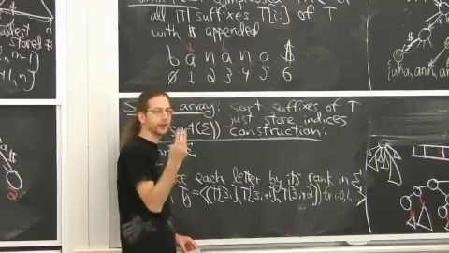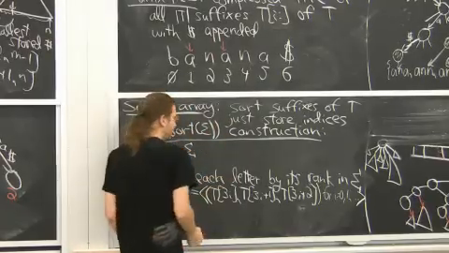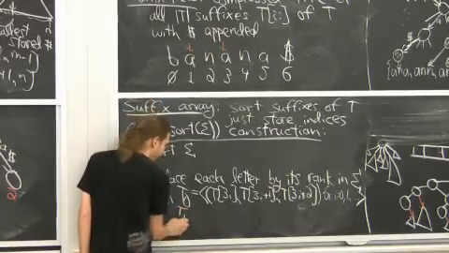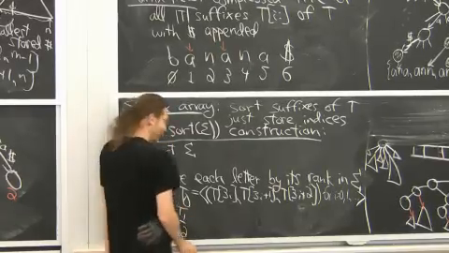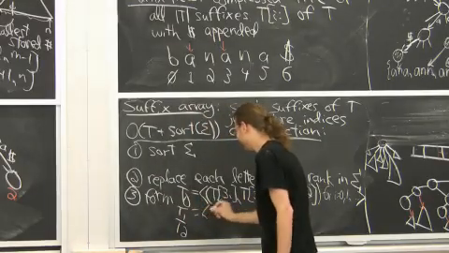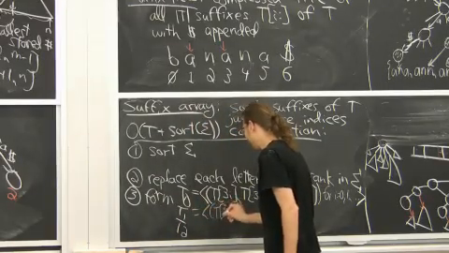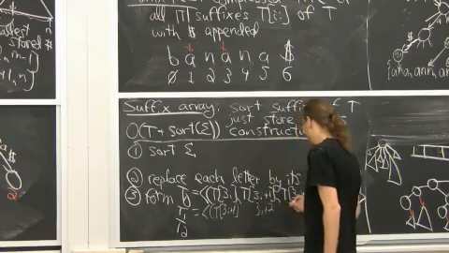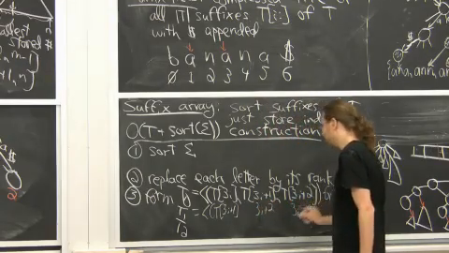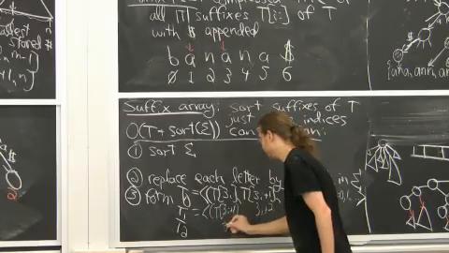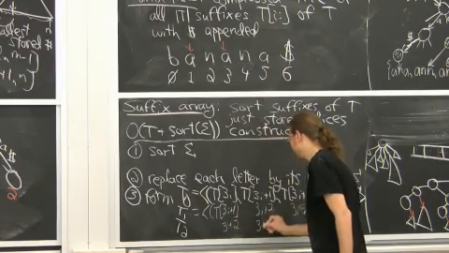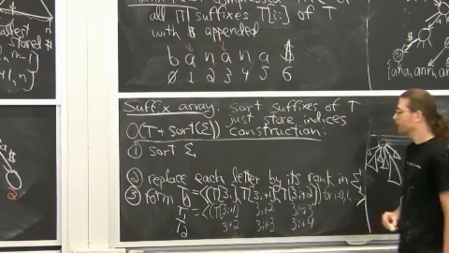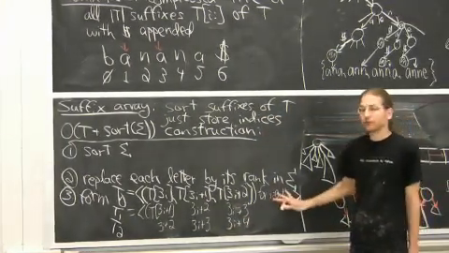So it's like I take these guys, make them one letter, these guys, make them one letter. Now I could start at 0, or I could start at 1, or I could start at 2. Do them all. So this is going to be 3i plus 1, 3i plus 2, 3i plus 3. And this one's going to be 3i plus 2, 3i plus 3, 3i plus 4. We're going to do this to recurse.